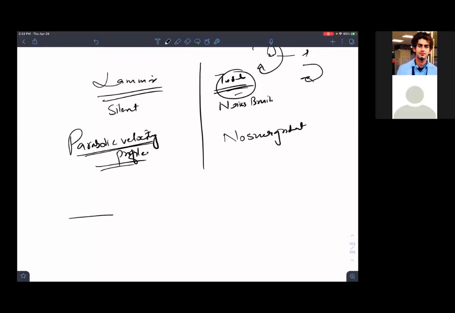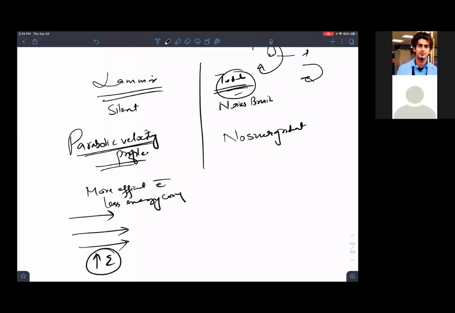Since it is moving in layers, do you want more energy or less energy? You will need less energy because it's moving efficiently. You don't need any hard work to move this. So you will have a more efficient flow with less energy consumption. This is turbulent.